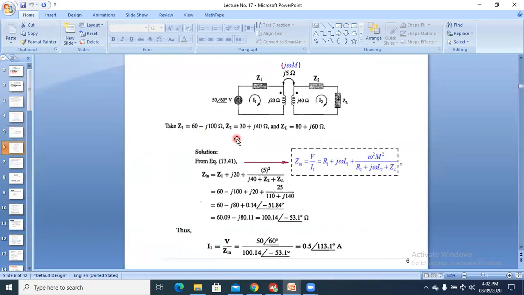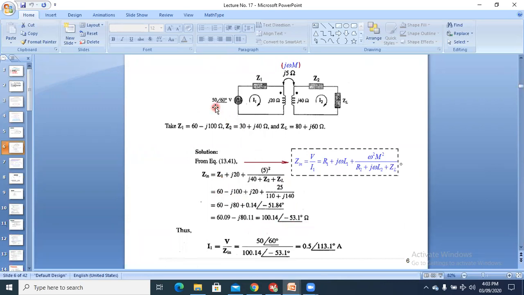It's very simple: we apply the Zin formula. This Zin formula is Z1 plus j omega L1, which is j20, plus 5 square over j40 plus Z2 plus ZL. Substituting the value of Z1, 60 minus j100, and solving it, we will get the value of Zin.